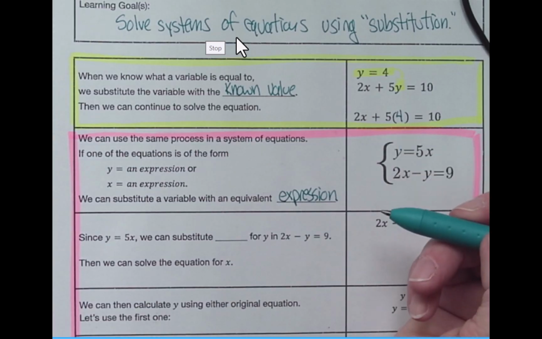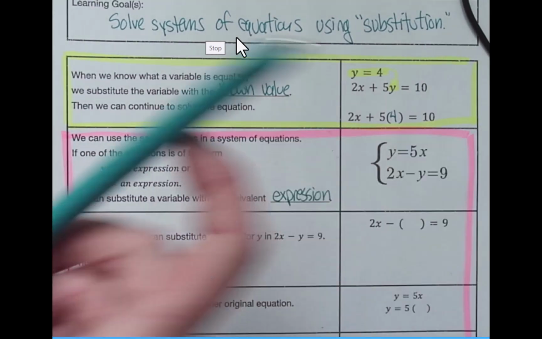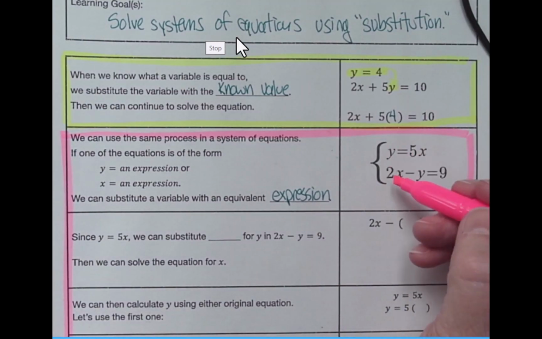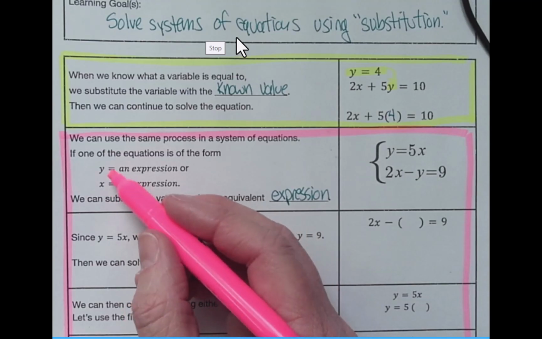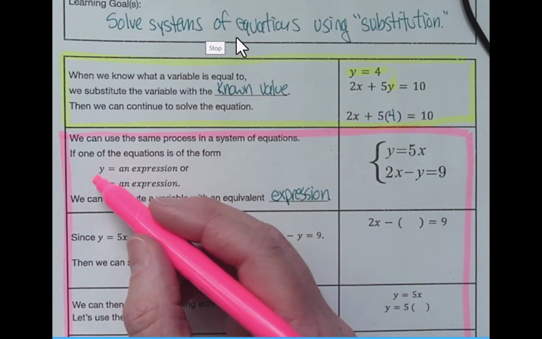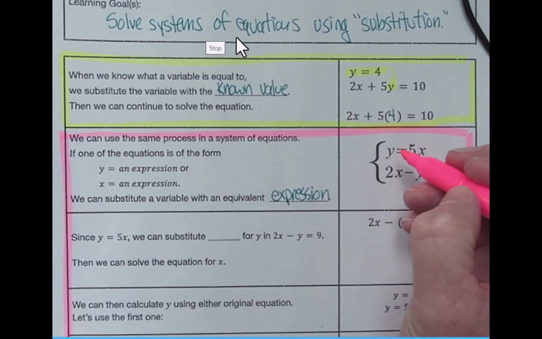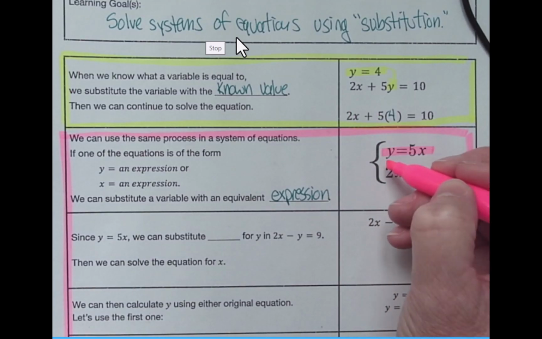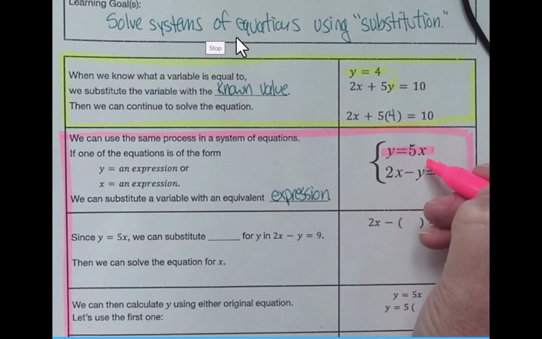Let me show you how this works. I'm going to look at these 2 equations and ask myself, is either of those equations already solved for x or solved for y? And this first one is solved for y. I know what y equals. y equals 5x.